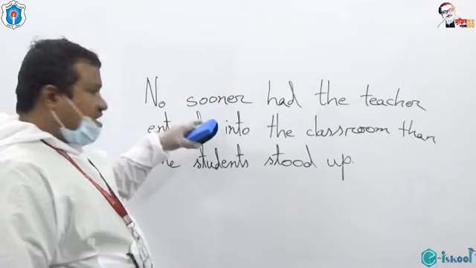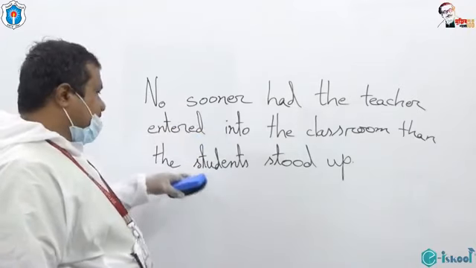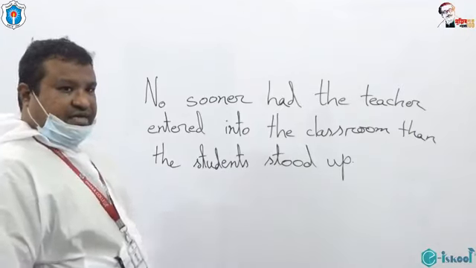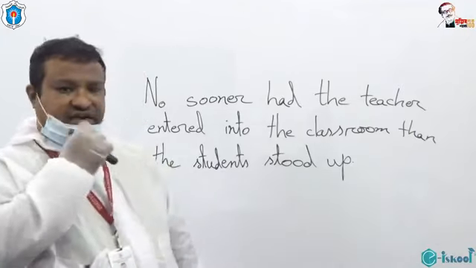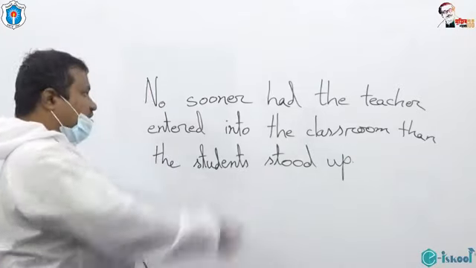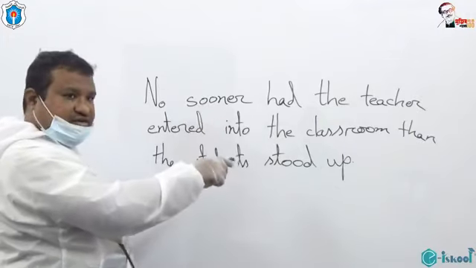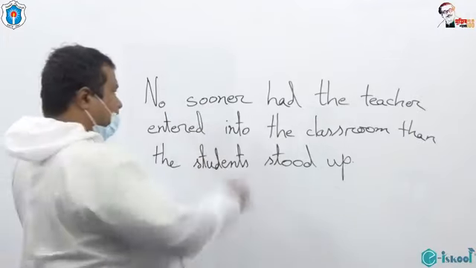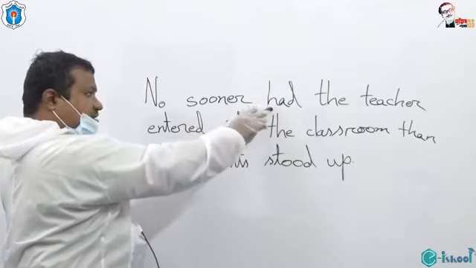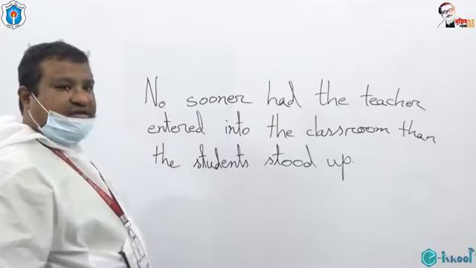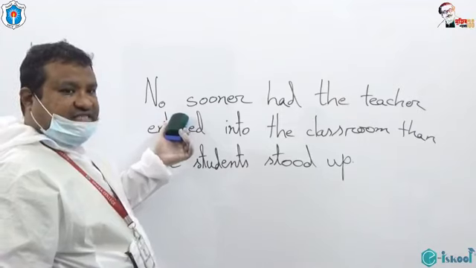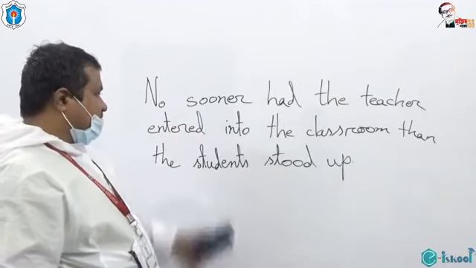No sooner had the teacher entered into the classroom than the students stood up. Here we find another structure. In case of no sooner, we see that the past perfect tense will be used with the clause which has this phrase no sooner.